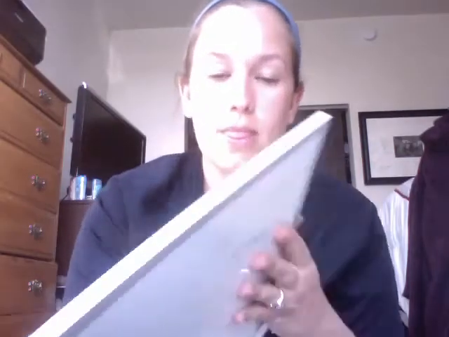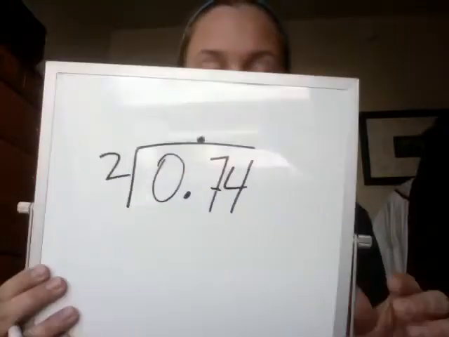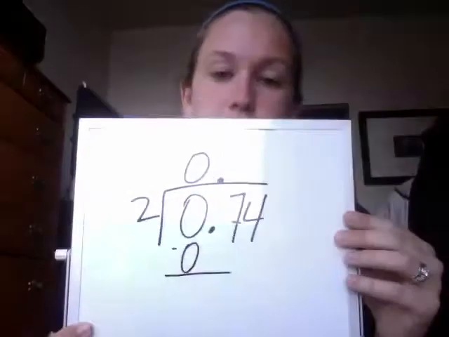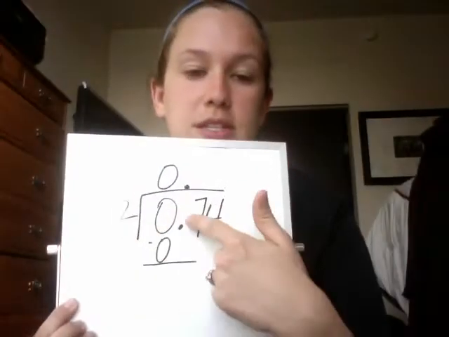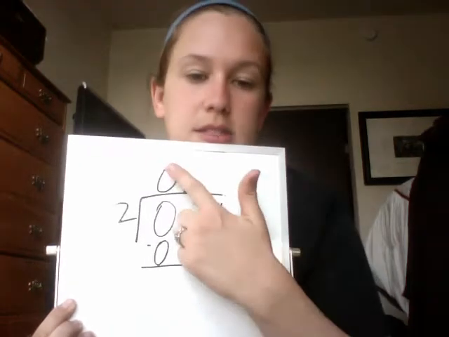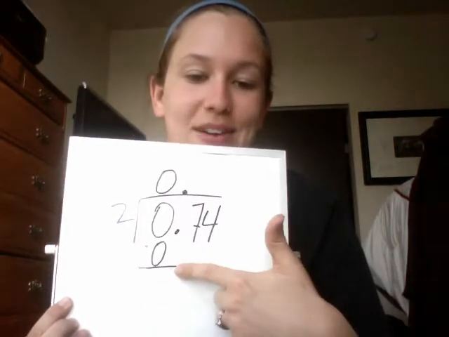So here, setting it up, first thing first, I'm going to bring my decimal point right up to the top. And then I divide like normal. So 2 goes into 0 0 times. And I'll go slowly. 2 goes into 0 0 times. 0 times 2 is 0. 0 minus 0 is 0.